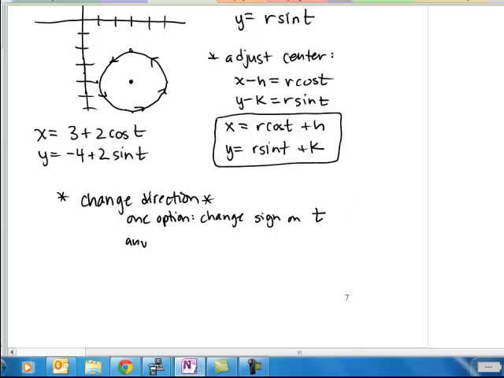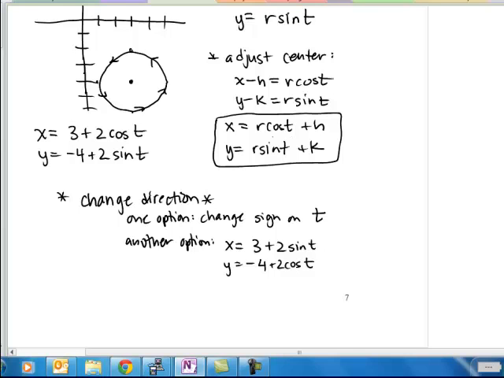Another option, which would also not just change the direction but change the starting point, we could do x equals 3 plus 2 sine t, and y equals negative 4 plus 2 cos t.